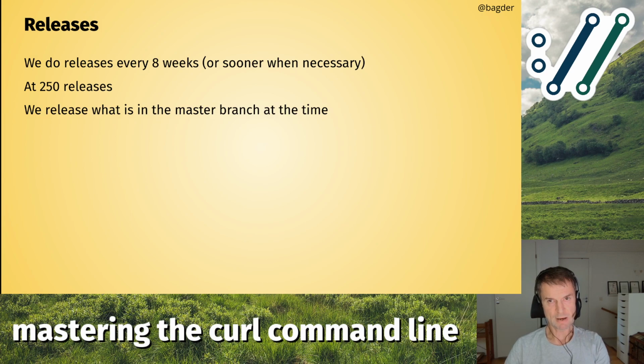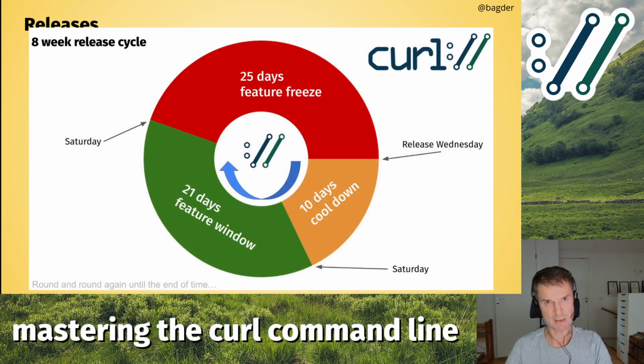We release what's in the master branch at the time, meaning that we don't wait for features to get merged to do releases. We release on the clock, and whatever is done then we release. That is how we work, really. And that's why we also do this calendar-based release. So we have this 8-week release cycle. If you look at the right side, that's the release Wednesday, and then we go down, because after the release we have a 10-day cool down period during which we don't merge features, we don't rock the boat, we might merge bug fixes, we might do patch releases.